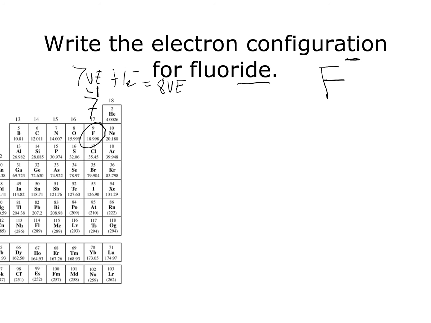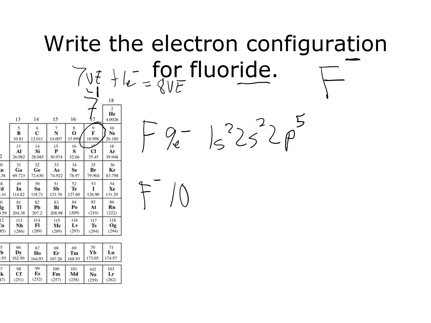F-1. Now to write the electron configuration, first let's look at fluorine. Fluorine has 9 electrons total. We just write 1s2, 2s2, 2p5, and that would give us a total of 9 electrons. Now fluoride ion means we gained 1 electron. So we have 9 electrons total, plus 1 more gives us 10 electrons.